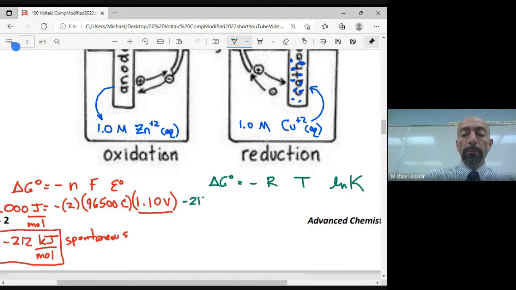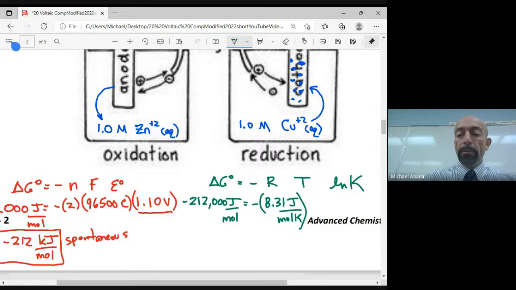It's negative 212,000 joules per mole. The reason we have to put that into joules is because this R is 8.31 joules per mole Kelvin. And then the temperature we said is going to be 298, which is room temperature, 298 Kelvin.